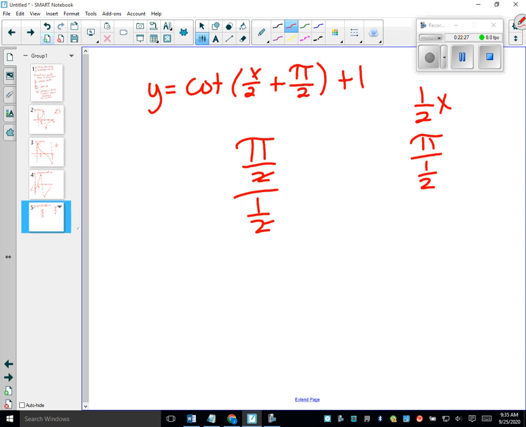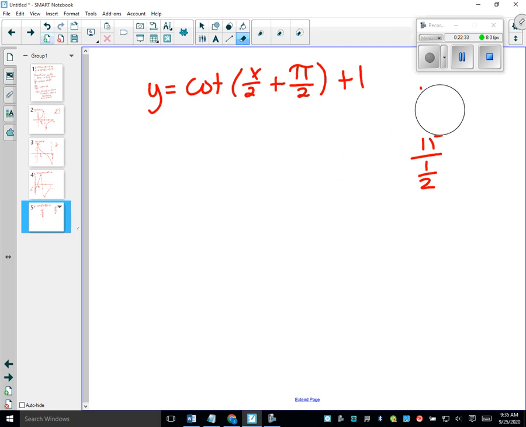Okay. So, in my calculator, what is my window? What is my x minimum? 0. What is my x maximum? 2 pi? What's my x scale?